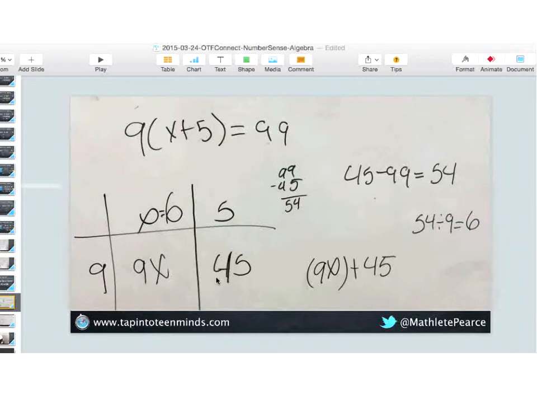So if we check this out, in this particular case, we've got essentially 9x plus 45 is equal to 99. And this student right away knows that the total minus 45 gives us 54, which is the 9x over here.